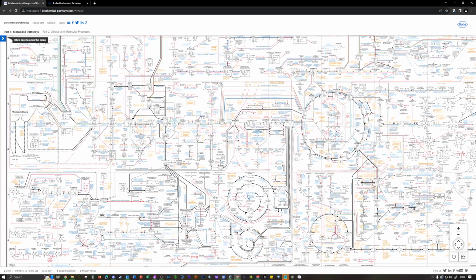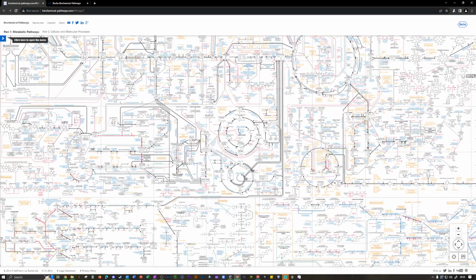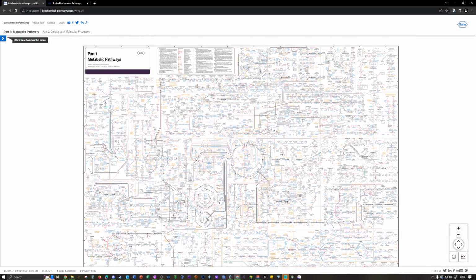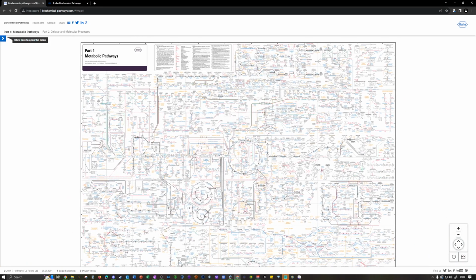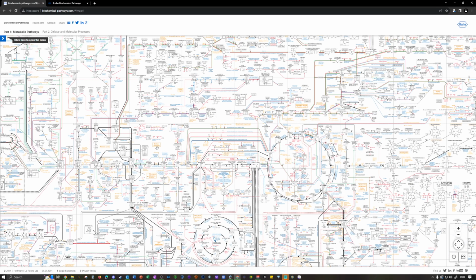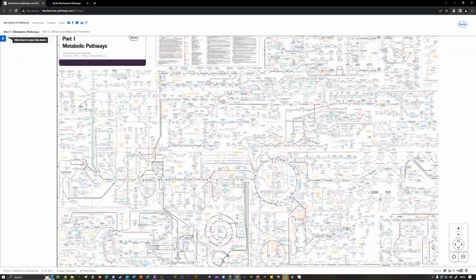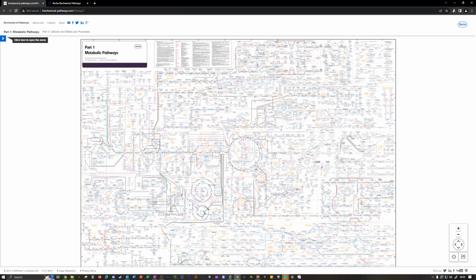So not a simple system in our body. This is all the metabolism going on in your body at any given moment. You make and break everything you need, and it's very complex, and all these little blue words are enzymes, and if anything doesn't work, you're having issues. So not a good thing.